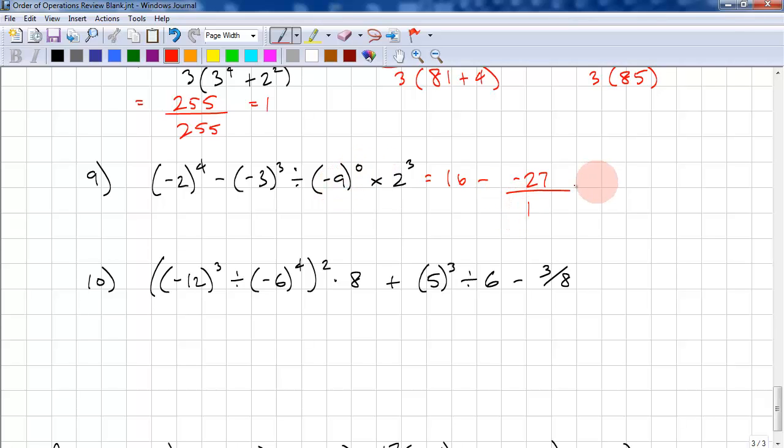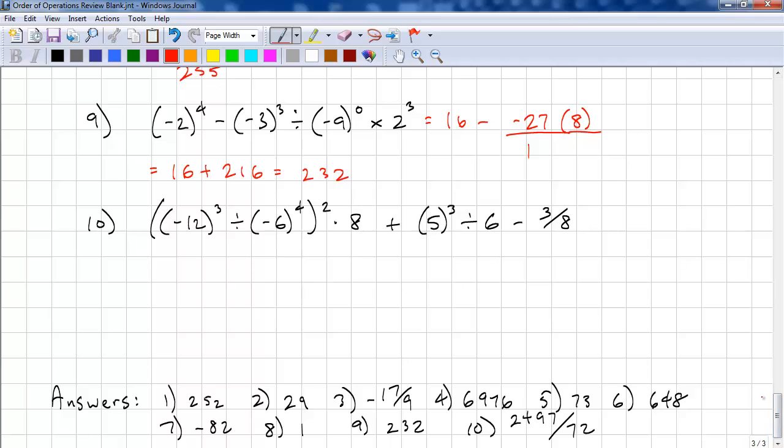That's 1. And we're multiplying, so we need something in the numerator. 2 cubed is 8. Now we have 16 plus. 2 negatives make a plus. 8 times 27 is 216. So our answer is 232.